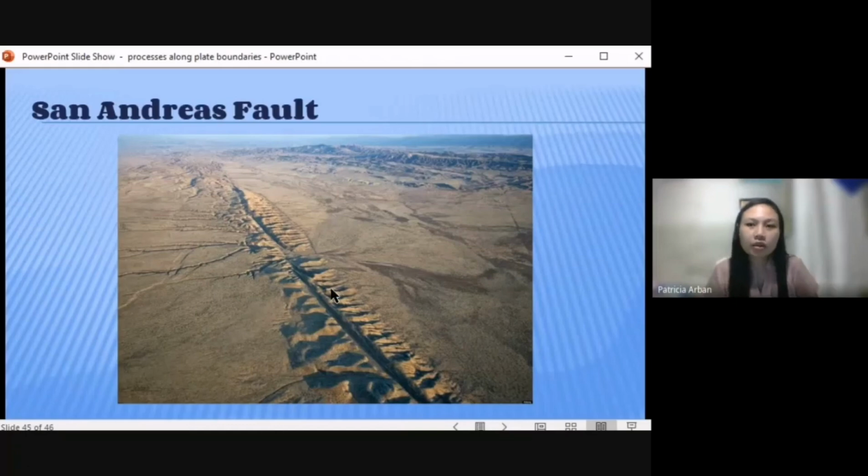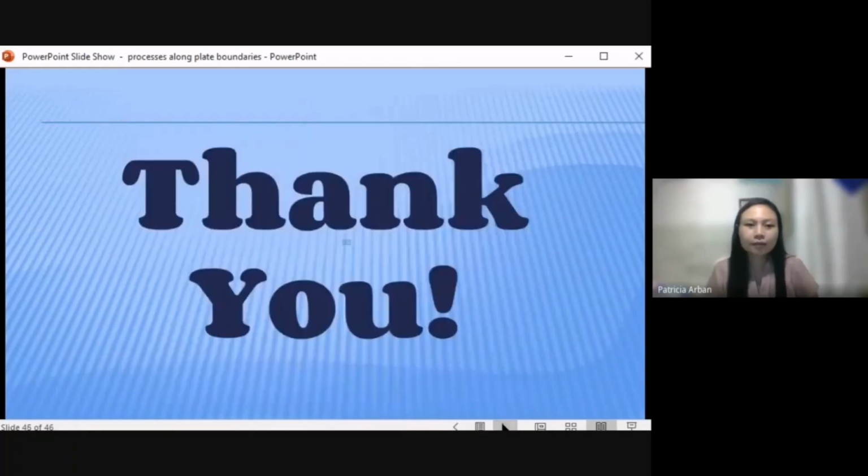In convergent plate boundary, we have the formation of subduction zone, trench, mountains, volcanic arcs, and island arcs. And then the geologic events, we have the earthquake, volcanic eruption, and tsunami. Please take note of those.